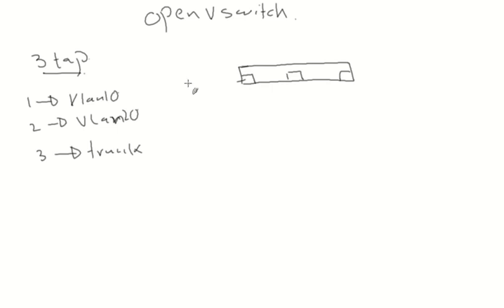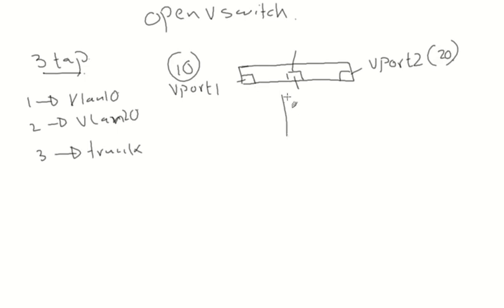This one would be, let's say, vport1, which would be part of VLAN 10. And this one would be, let's say, vport2, and it's going to be part of VLAN 20. This one is going to be a trunk port where I will get my DHCP connected.